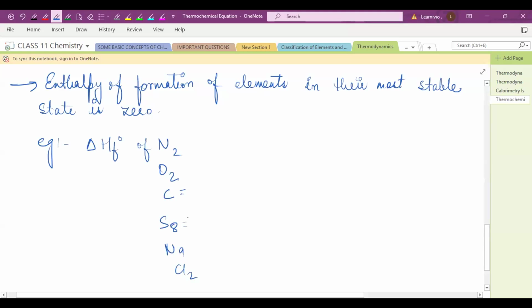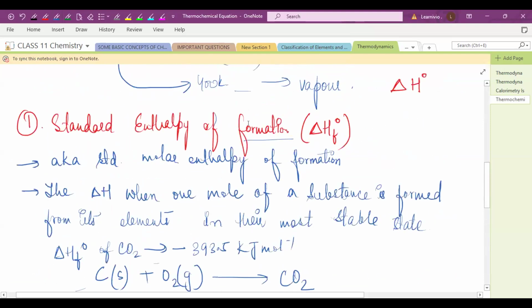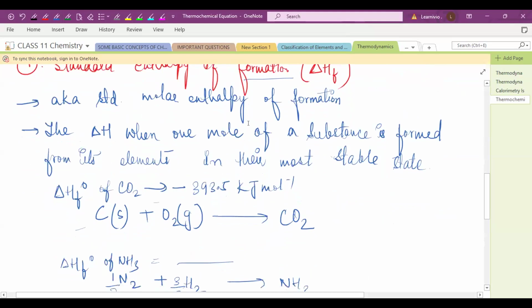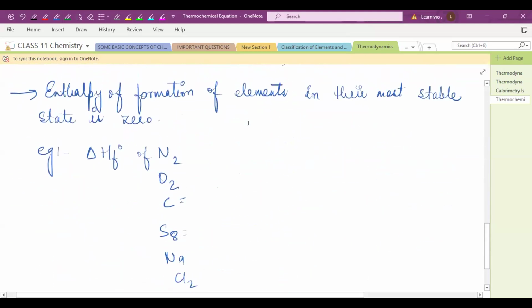Now the question is why it is zero. Because using the definition, we can see that it takes no energy to produce an element from itself. What is the enthalpy of formation? When 1 mole of a substance is formed from its element in their most stable state. और यहाँ पे क्या हो रहा है?